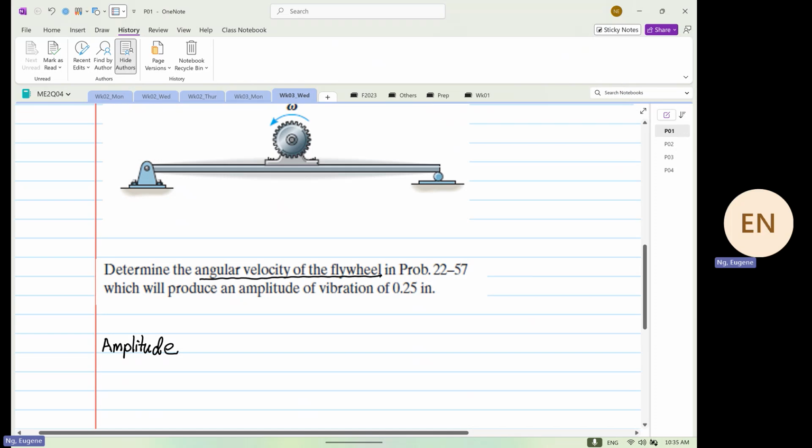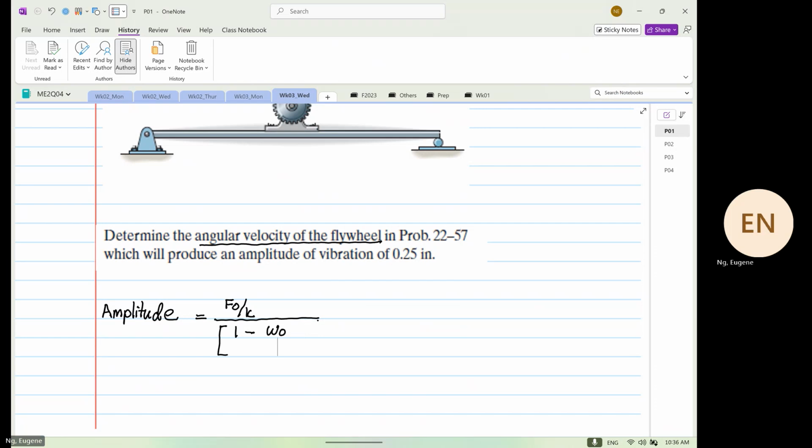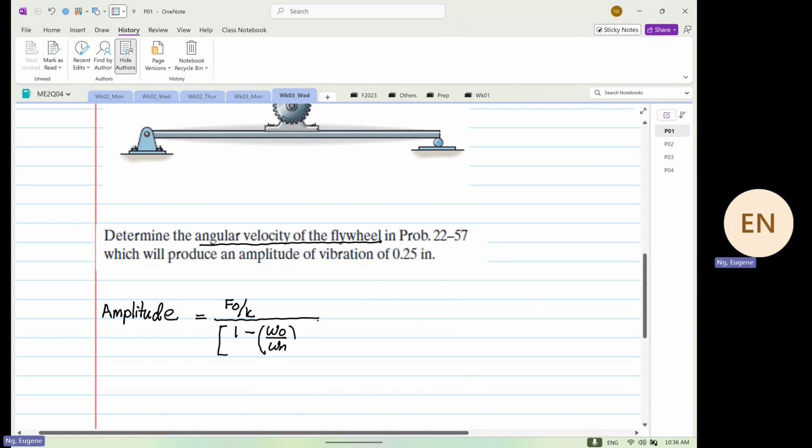We know the expression for the amplitude generated is F naught over K divided by 1 minus omega naught squared over omega n squared. We are going to focus on this expression.